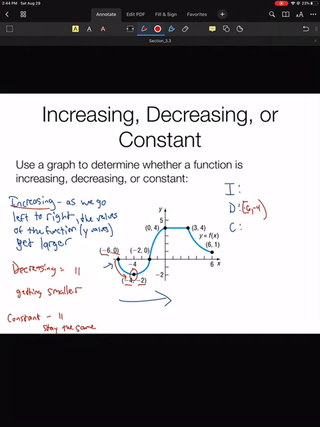We change from decreasing to what looks to be increasing. So at -4, it's neither decreasing nor increasing, nor is it really constant. That's an interesting point that you'll learn a lot about later, but for right now, it isn't included in the decreasing case.